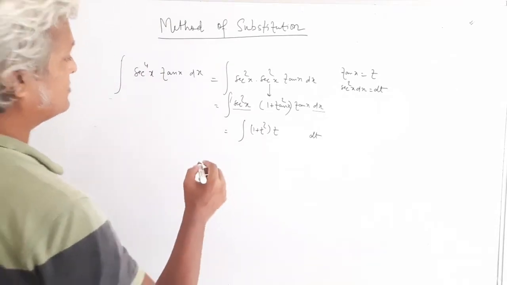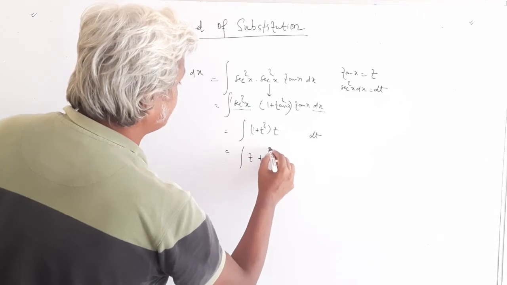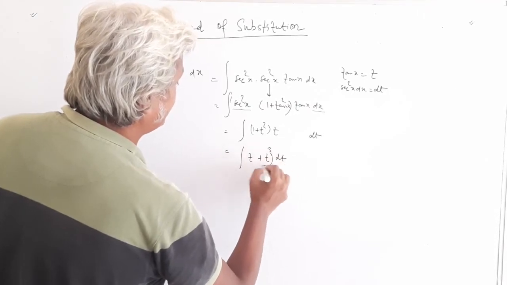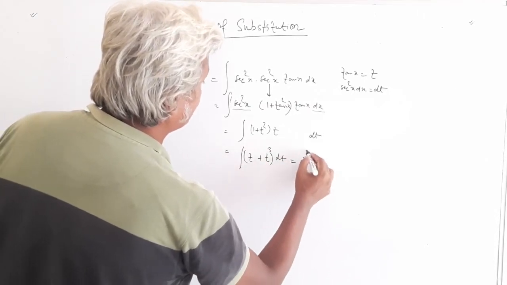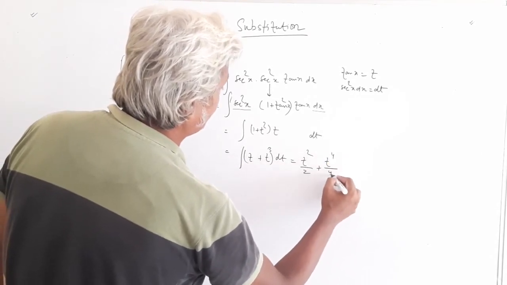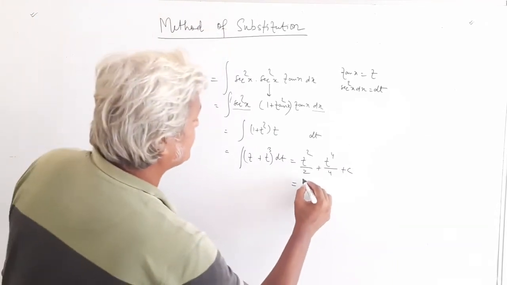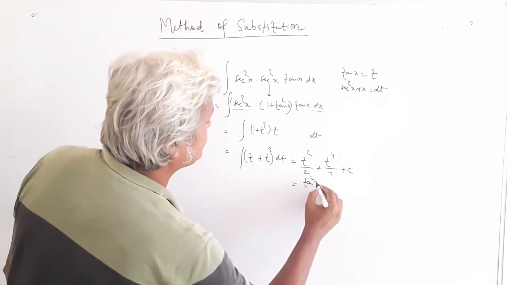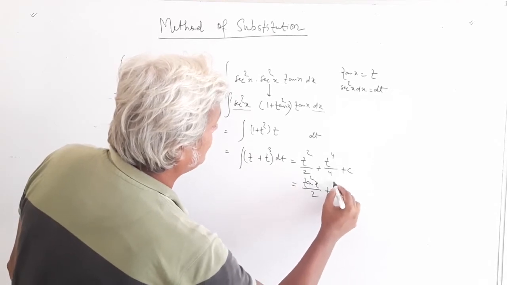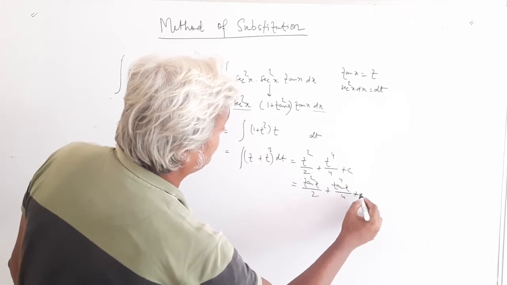So now this whole expression becomes integration of t plus t cube dt, and if you integrate them one by one you'll get t square over 2 plus t to the power 4 over 4 plus c. Now replace t by tan x. So this becomes tan square x by 2 plus tan to the power 4 x by 4 plus c.